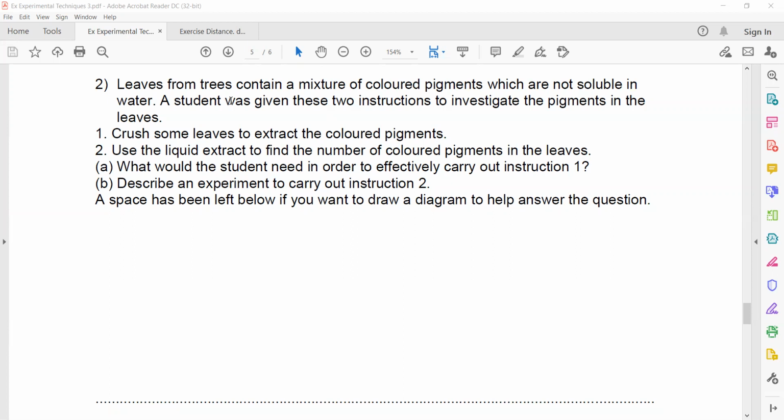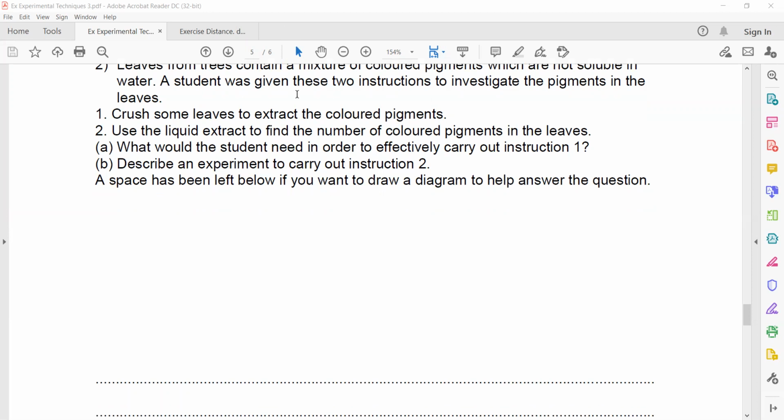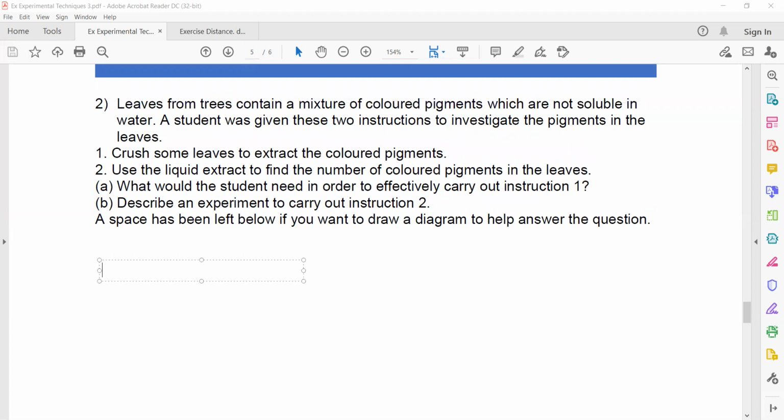What would the student need in order to effectively carry out instruction 1? So how can he crush them and extract the color? We can use a mortar and pestle to crush the leaves, and then we will boil with alcohol because it is not water soluble.